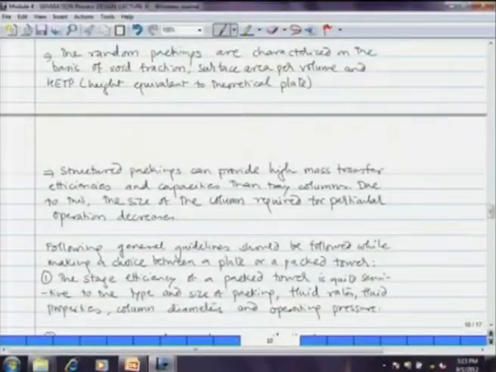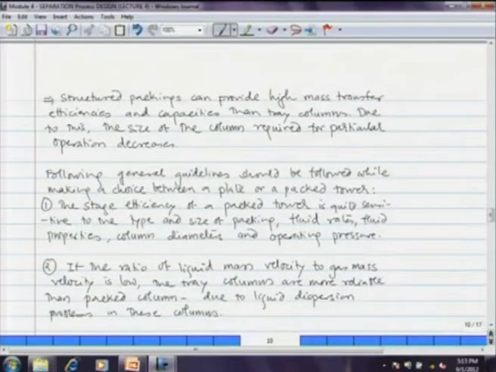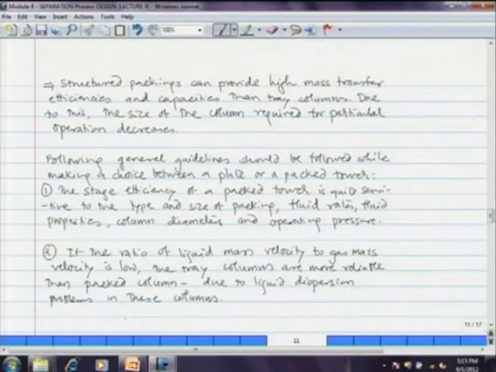If the two plates of a distillation column give enrichment in vapor of, let us say, 2%, then how much height of the random packing is required to achieve the same separation is essentially what is HETP, height equivalent to theoretical plate. The structured packings can provide high mass transfer efficiencies and capacities than the tray column. Due to this, the size of the column required for a particular operation decreases.